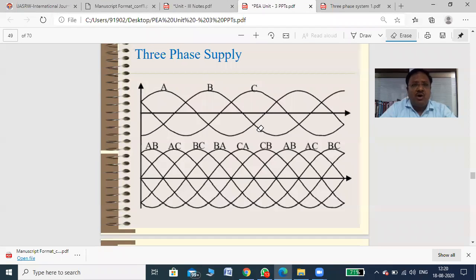Maybe in hydraulic power or thermal power, everywhere there will be three-phase generators. So going from three phase to one phase is quite possible, because there are three phases, and you can use any one phase with respect to neutral. That is what we actually use at our home, a single-phase supply. But the actual supply is three phase, and out of it one phase is connected to your home.